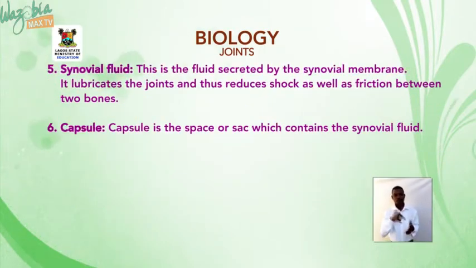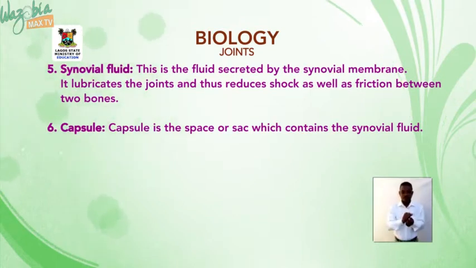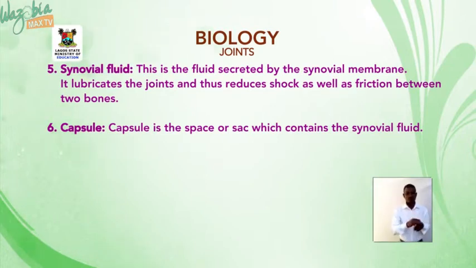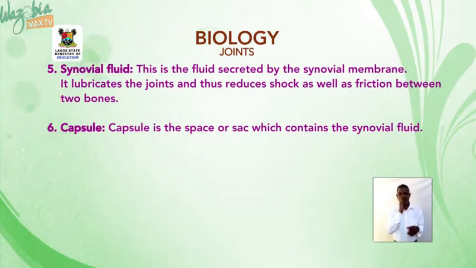Synovial fluid. This is the fluid secreted by the synovial membrane. It lubricates the joints and thus reduces shock as well as friction between two bones. Capsule. Capsule is the space or sac which contains the synovial fluid.